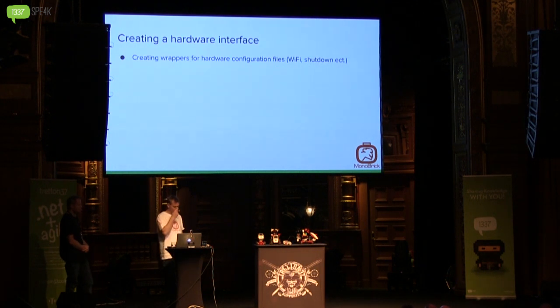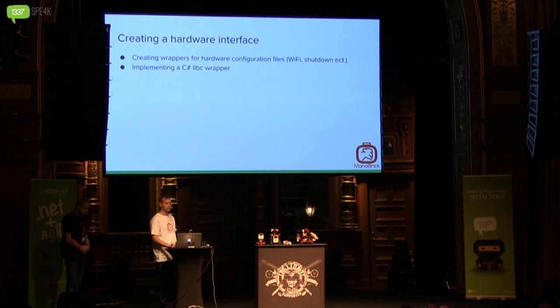So we started out by creating some wrappers for hardware configuration files, like configuring Wi-Fi connections, shutting down the operating system, and stuff like that. We then did an implementation of a C# wrapper for the libc library, the C library that comes with the Linux distribution.